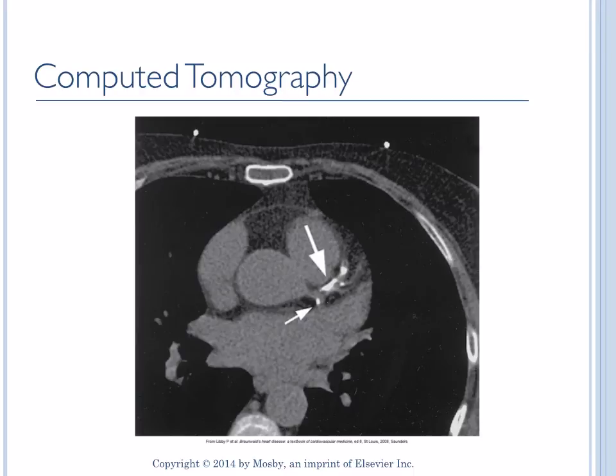And then there is a small arrow which shows the calcification of the circumflex artery. This is the picture of electron beam computed tomography. So they are showing plaque deposits in the arteries.